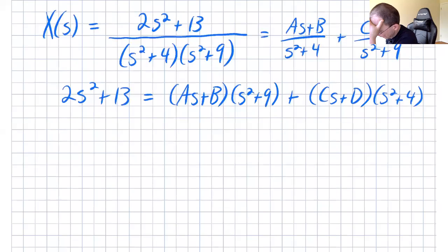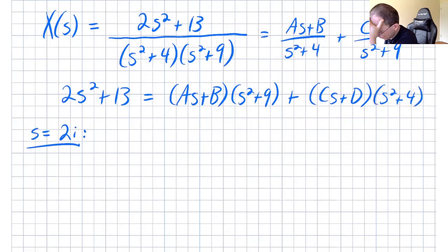Like that. Now we're going to substitute in some complex numbers, imaginary numbers. So let's first substitute in 2i, and that will get rid of this term here. That will make that 0.